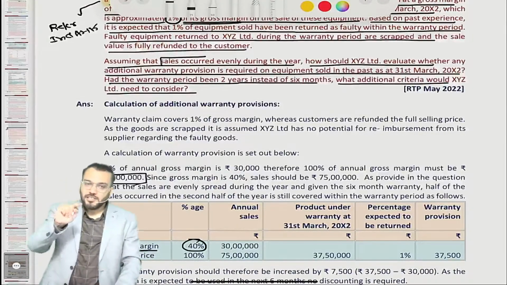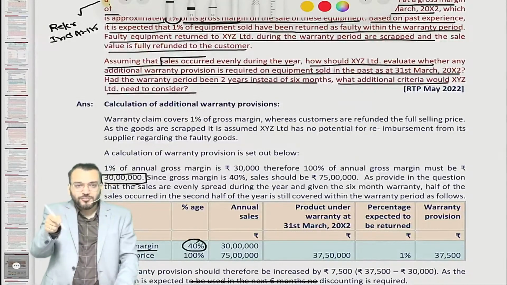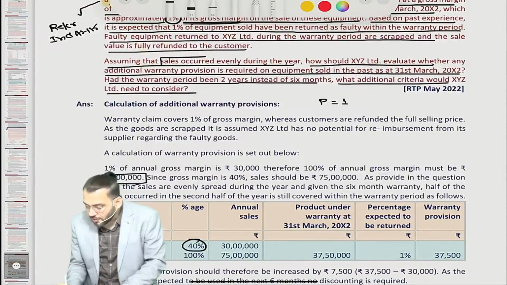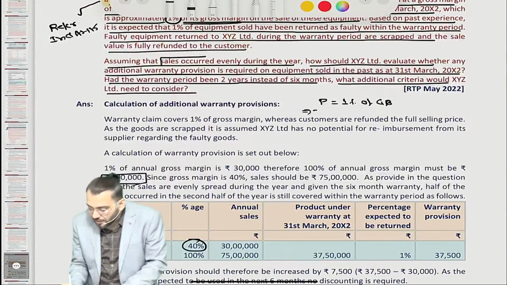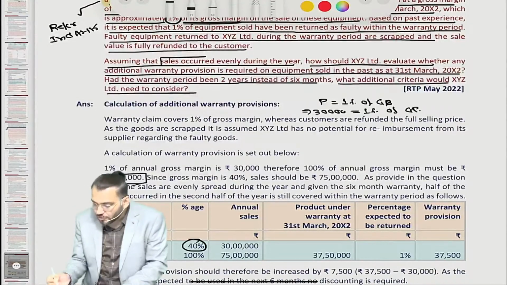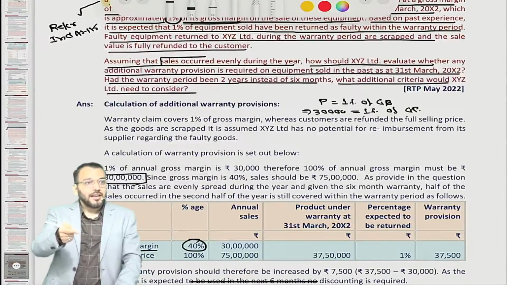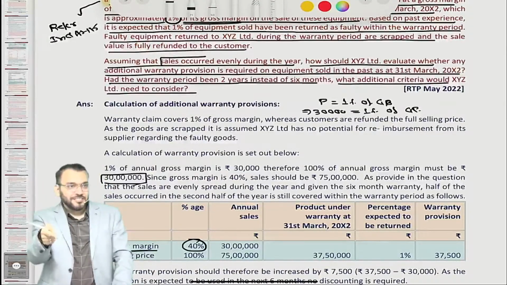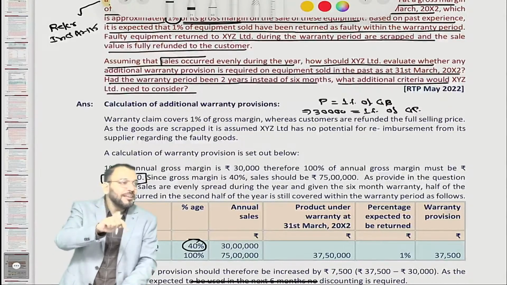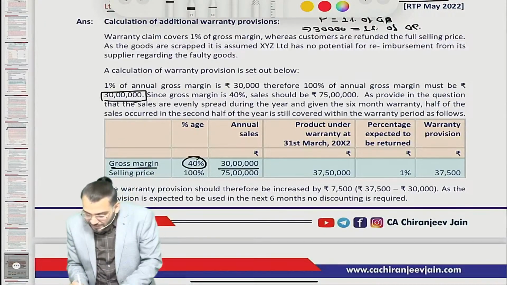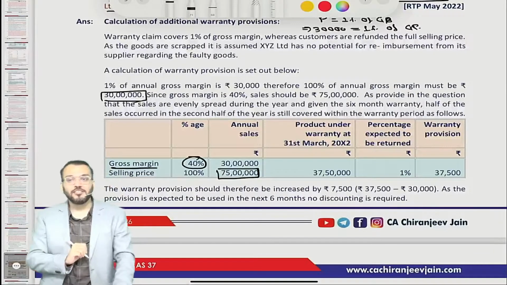If provision of 30,000 is 1% of gross margin, then gross margin is 30,000 divided by 1%, that is 30 lakh. And gross margin is 40% of sales, so sales is 30 lakh divided by 40%, which is 75 lakh. So 75 lakh is the annual sale.